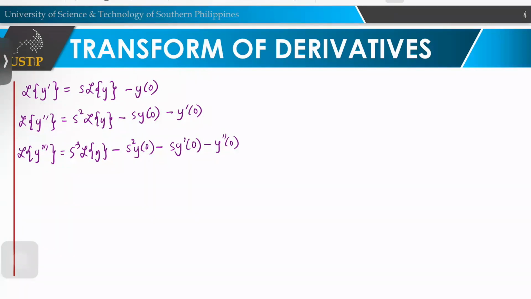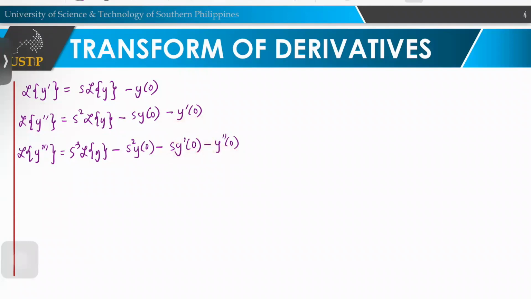So in this case, in y double prime, y prime of 0 is the next term. But it is s to the 0 that multiplies the next derivative of your y.